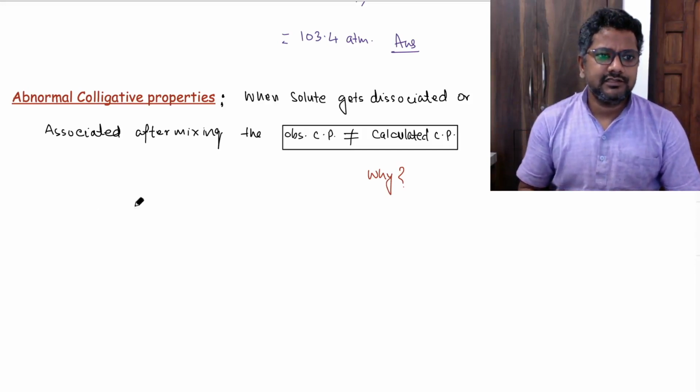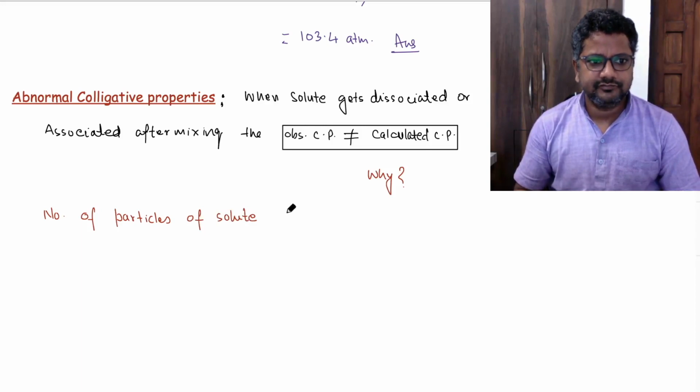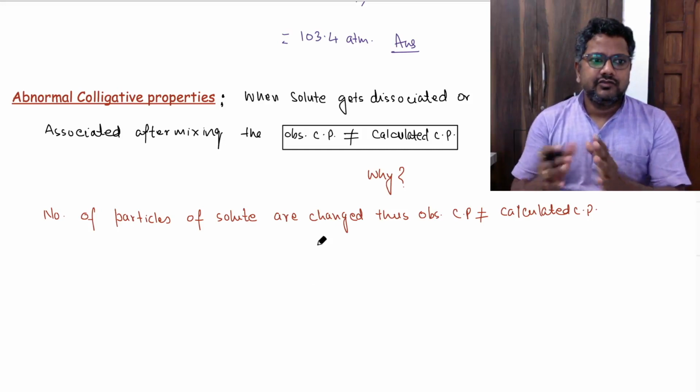So the answer is the number of particles of solute are changed, thus the observed colligative property is not equal to the calculated, right?